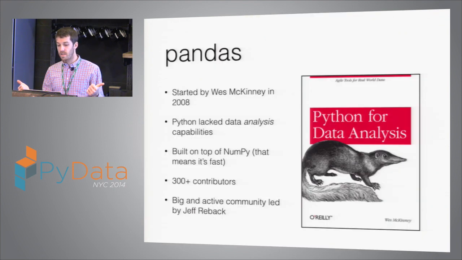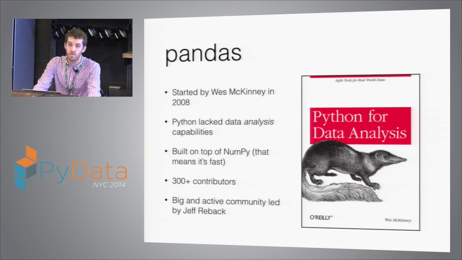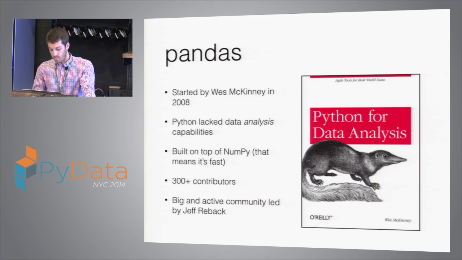Pandas. Development started in 2008 by Wes McKinney. He was working at a hedge fund or an investment firm here in New York, and actually convinced them to open source it. So good job, investment firm. His goal with the project was to make Python great for data analysis.